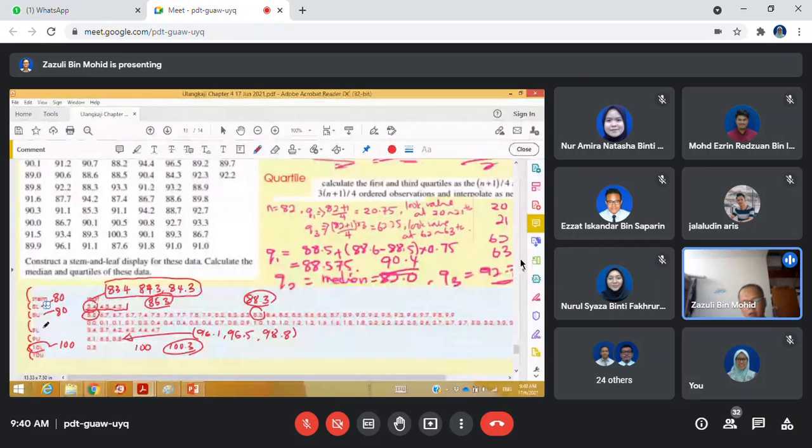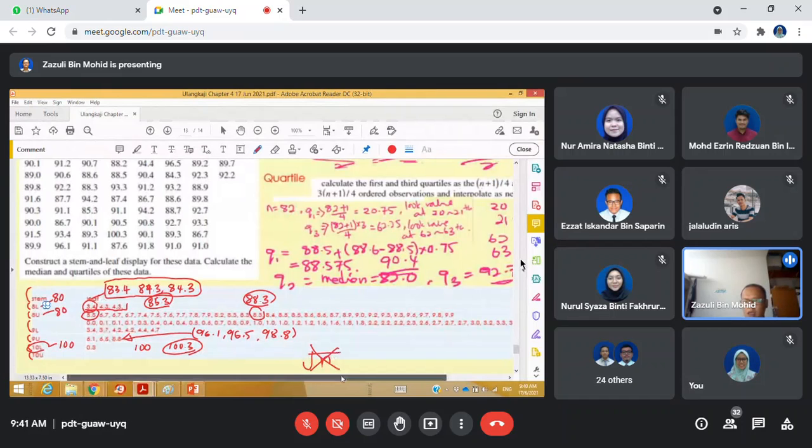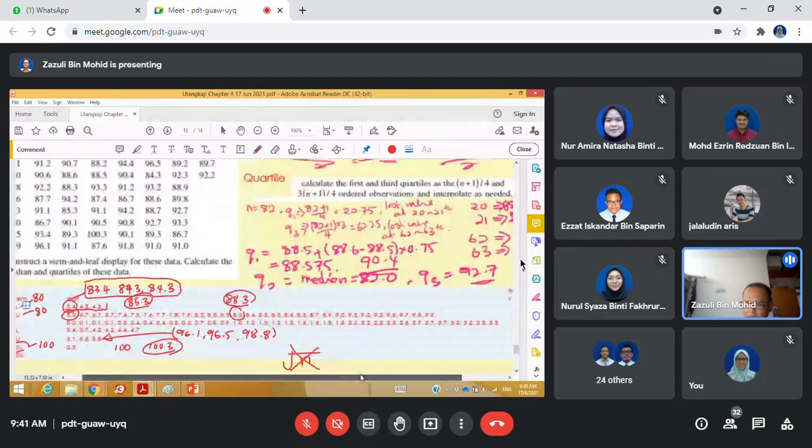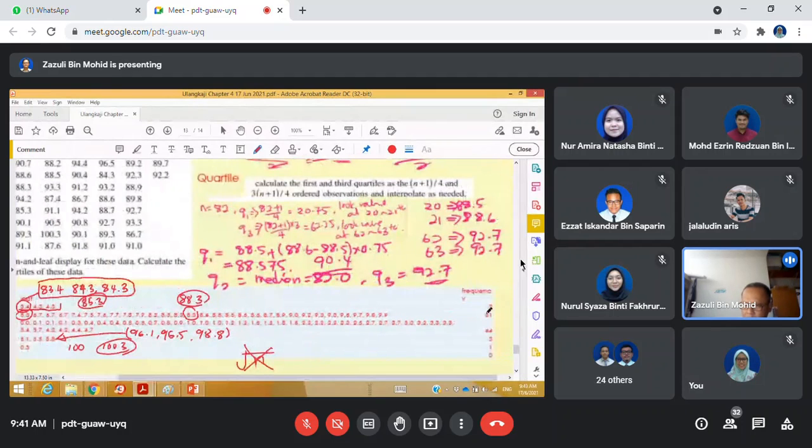You don't have to calculate the mean by calculating the sample n, or square root of n. You don't need this. You just have to arrange like this. And then finally you can calculate the frequency. We have 3 times, 31 times, 44 times, 3 times, 1 time, 7 times. You don't have to calculate the frequency ratio. Okay, this is for the stem and leaf.